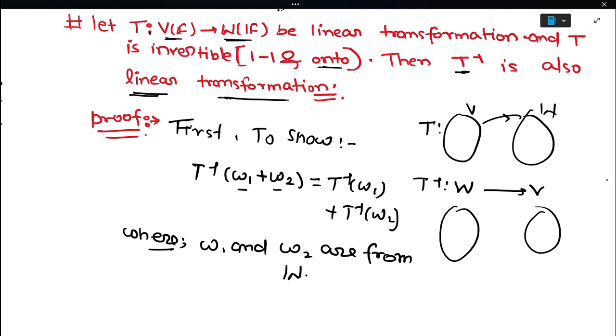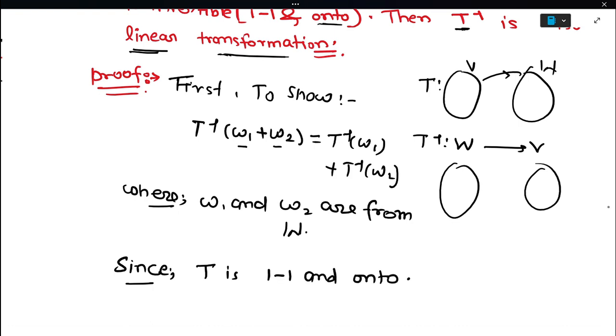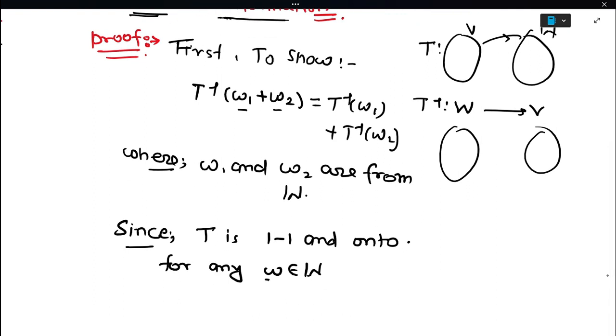Okay, we need not show this, since T is 1-1 and onto. We are given that T is 1-1 and onto. So for any element W belonging to vector space W, we should have a preimage because T is onto, and because of 1-1 we should have a unique preimage.